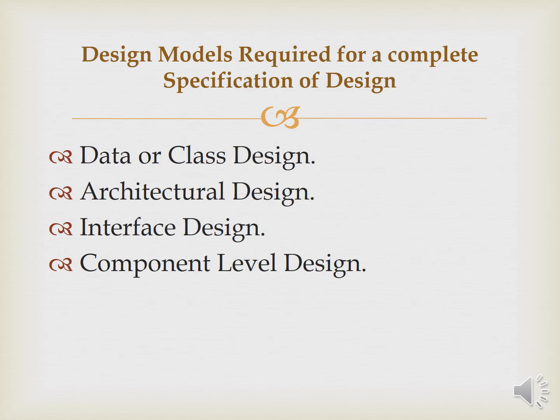It transforms structural elements of a software architecture into a procedural description of software components. So, all these are the different elements of the analysis model that provide information necessary to create the four design models required for a complete specification of a design.